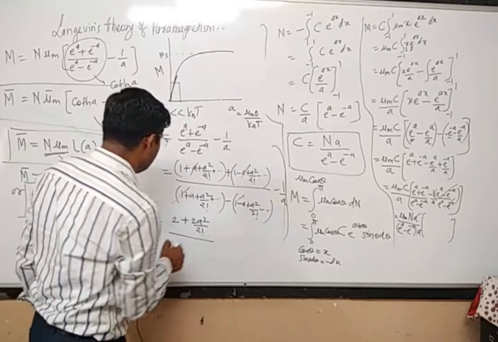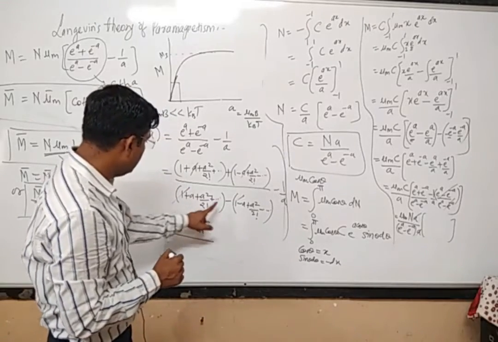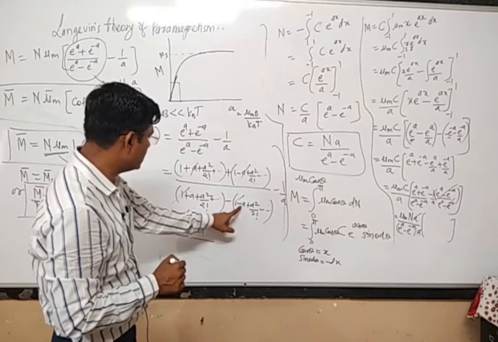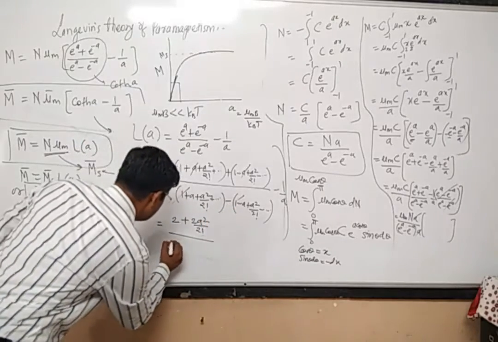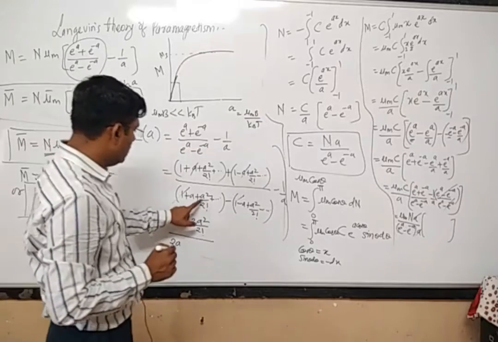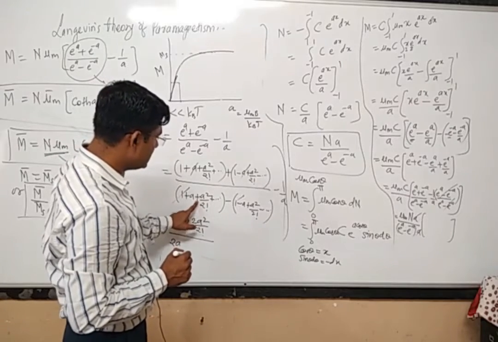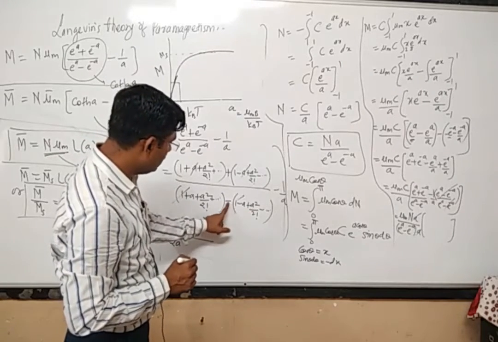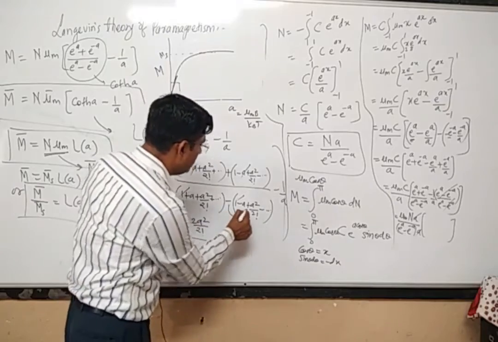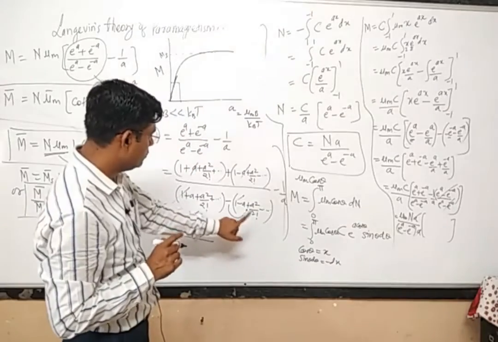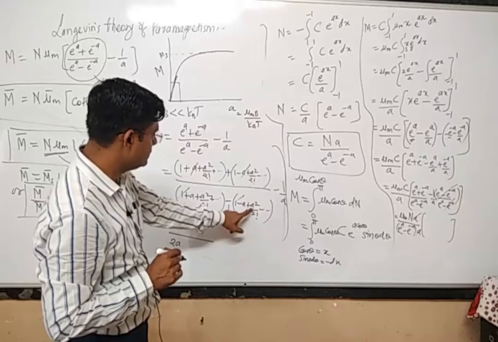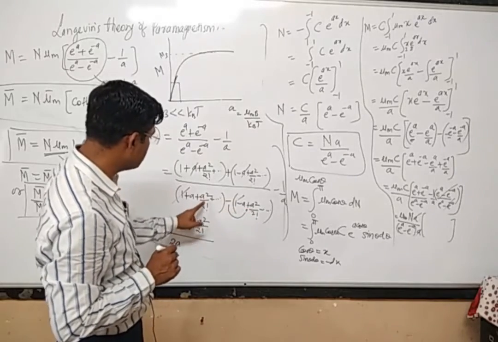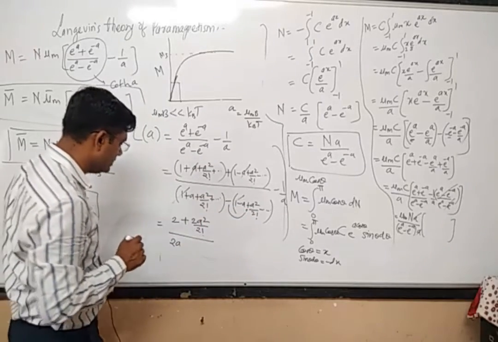So this 1 will get cancelled, plus A, and here minus will get plus. So plus A means it will be plus twice A. Then A square by 2 factorial with a plus sign and A square by 2 factorial with a minus sign, because this minus will make the plus sign a minus sign. So minus A square by 2 factorial and plus A square by 2 factorial will be cancelled out.